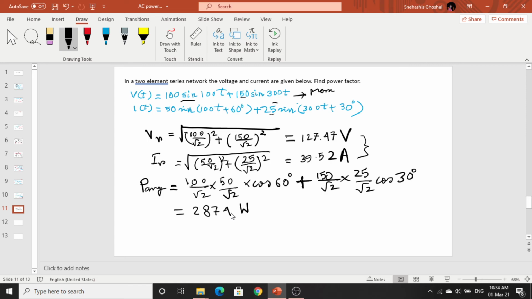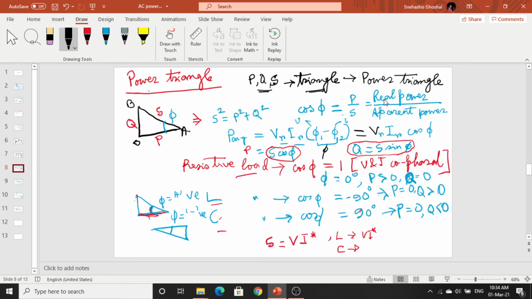Now in this slide we have shown what is power factor. P divided by S. So real power divided by apparent power.